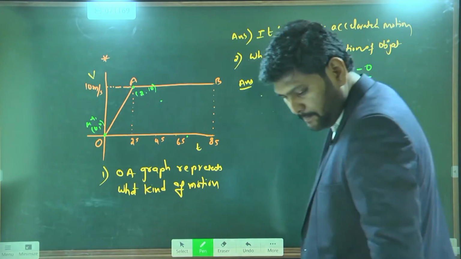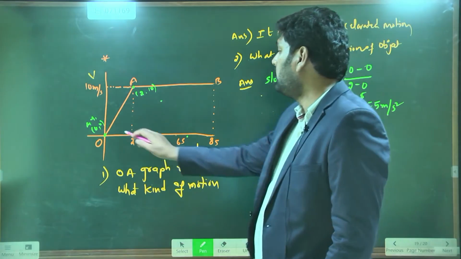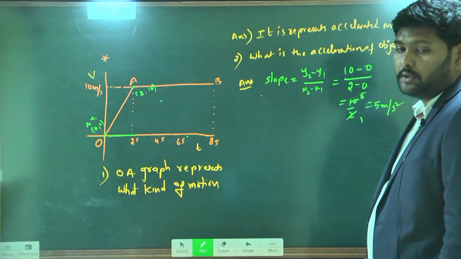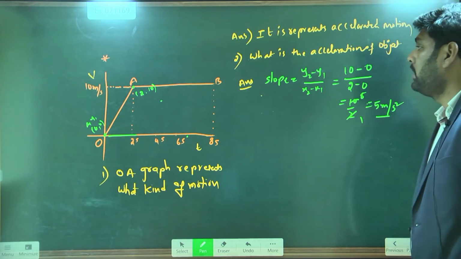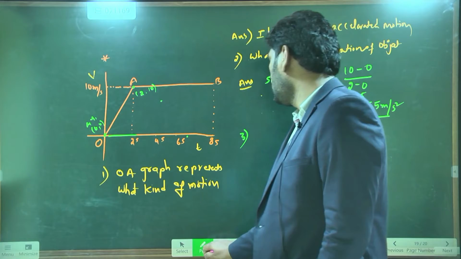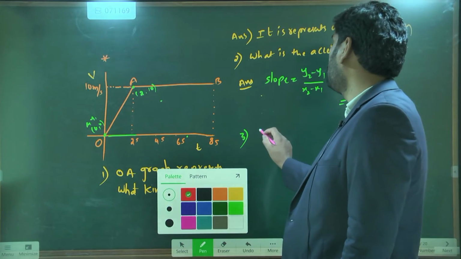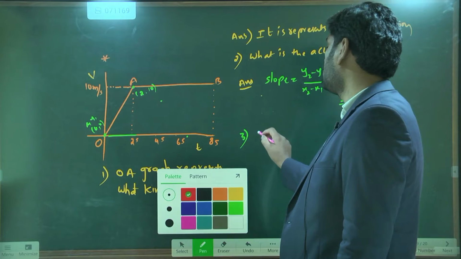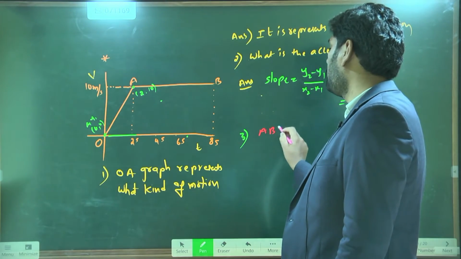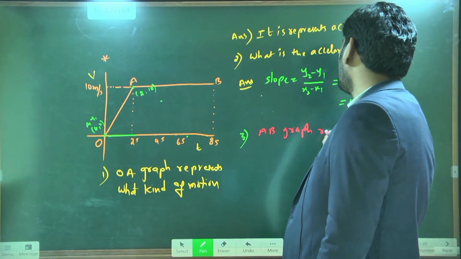Similar way, with this 2 seconds it is traveled with what acceleration? With this acceleration it traveled. Now the other question here: what does the graph AB represent?